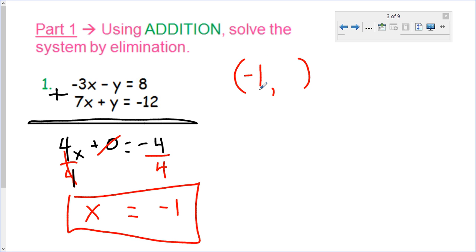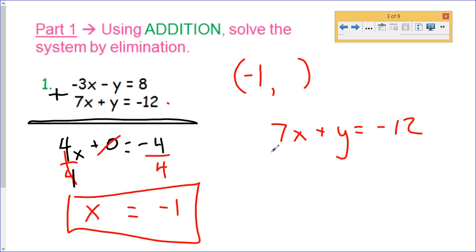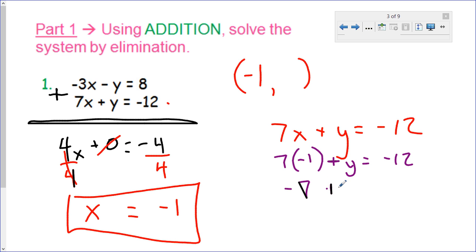The other thing I still need to do is pick one of these two equations and solve for y. So let's take this one right here: 7x plus y is equal to a negative 12. I go through the process of plugging in a negative 1 for x. So now I have negative 7 plus y equals negative 12.